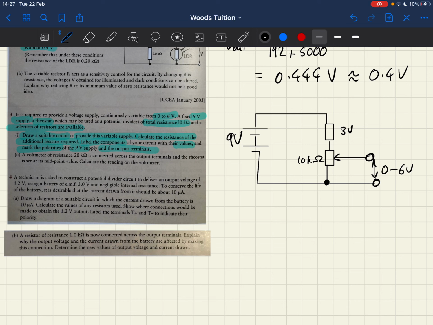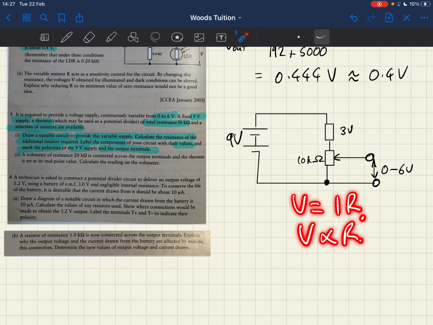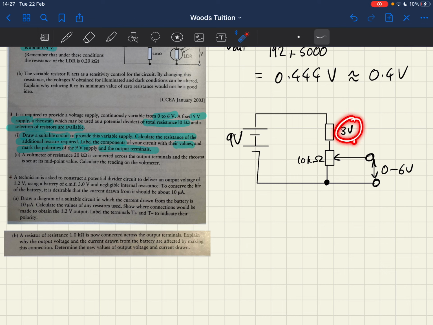So what is our resistance going to be? Oh, sorry, this is silly. V equals IR. So voltage is proportional to resistance. We know that this resistor of 10 kilo-ohms gives a maximum of 6 volts. So using our proportions, we can say that this 3 volts is going to have to be given by a 5 kilo-ohm resistor.